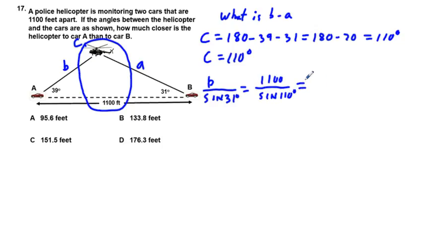Isolating B and cross multiplying, B is equal to 1,100 sine of 31 degrees over the sine of 110 degrees.